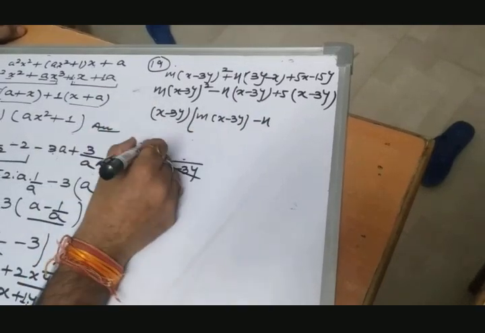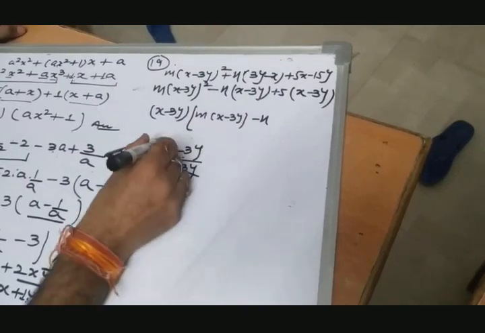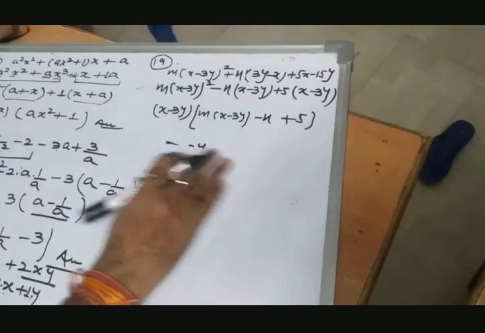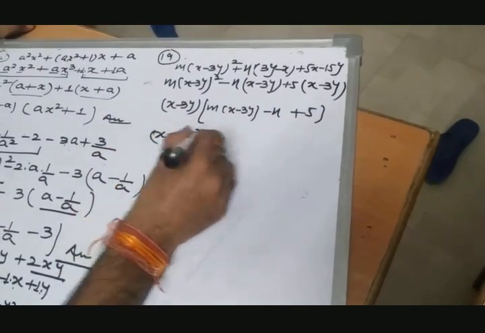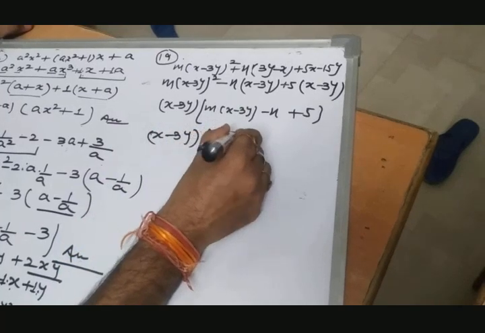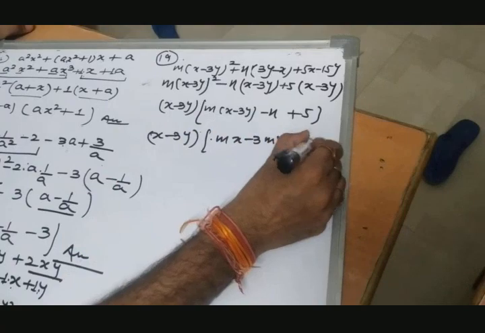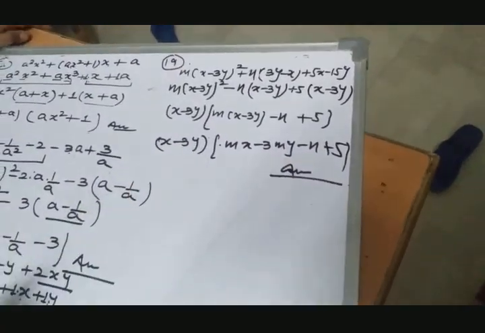And for the third term 5 into x minus 3y, dividing by the common factor x minus 3y, the answer will become 5. Now we will open the bracket, and it converts into mx minus 3my minus n plus 5. It will be your required answer.